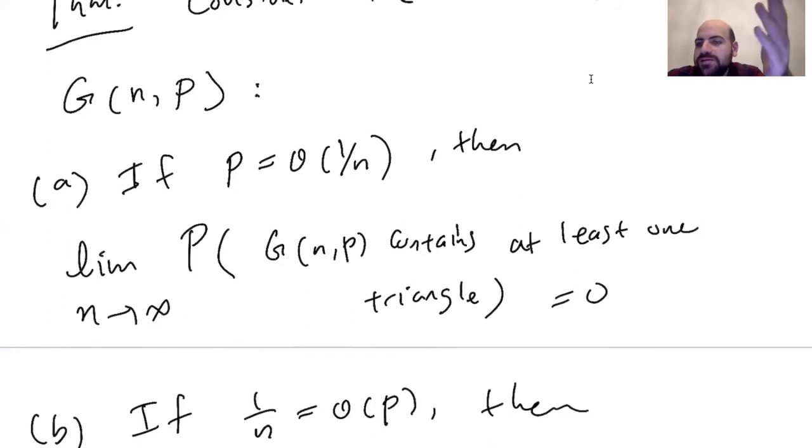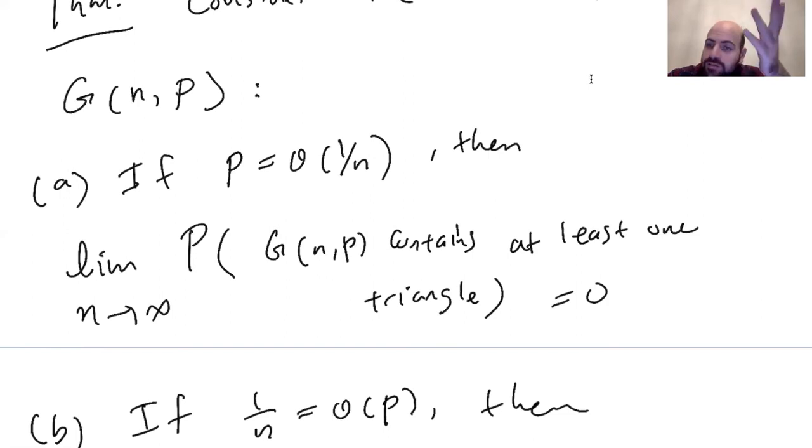Similarly, if p is bigger than some threshold, it would contain a triangle. In particular, we are saying that if p is small o of 1 over n, which means the limit of p over 1 over n is 0, so p is much smaller than 1 over n, then the probability that our random graph contains at least one triangle is 0.